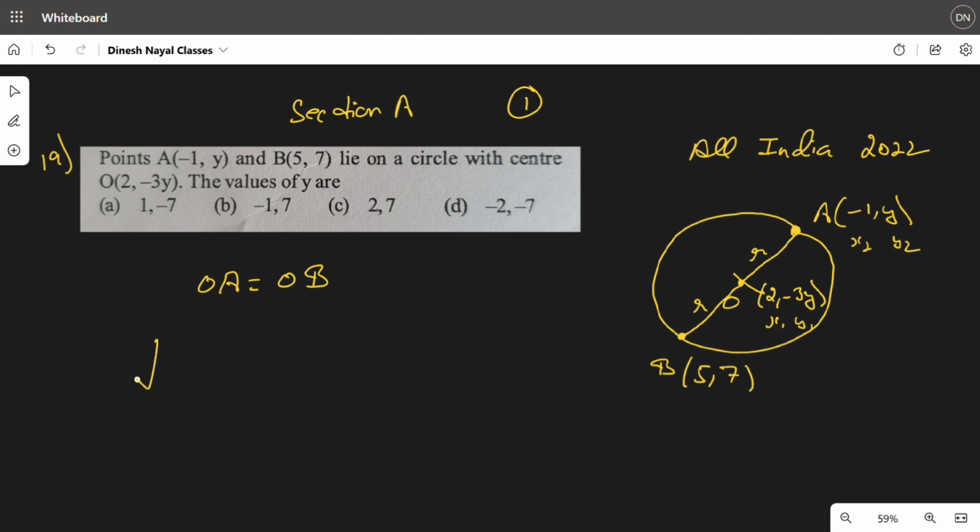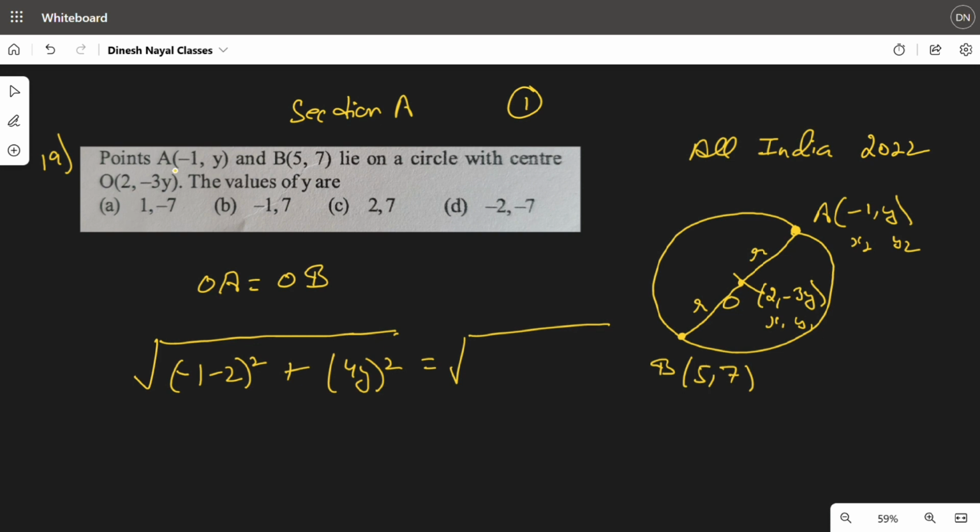So OA will be under root of x2 minus x1 whole square, so this is minus 1 minus 2 whole square, plus y2 minus y1 whole square, y minus of minus 3, this will be 4y square. Equals under root OB.